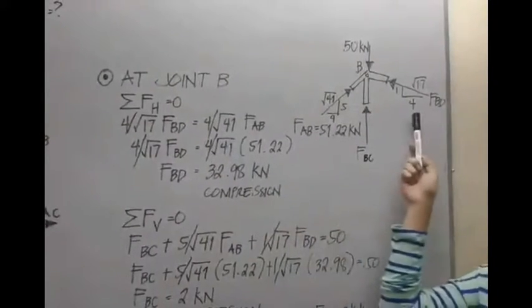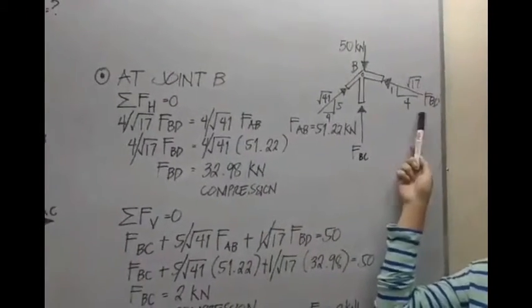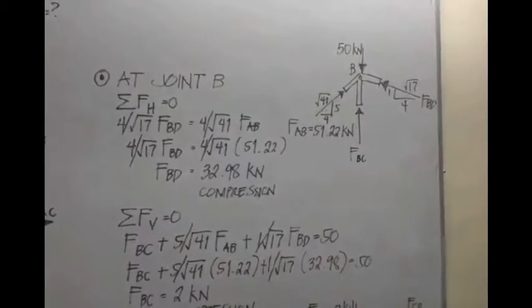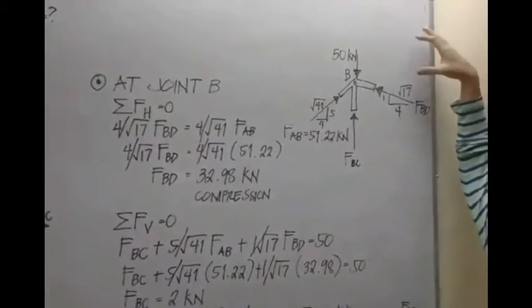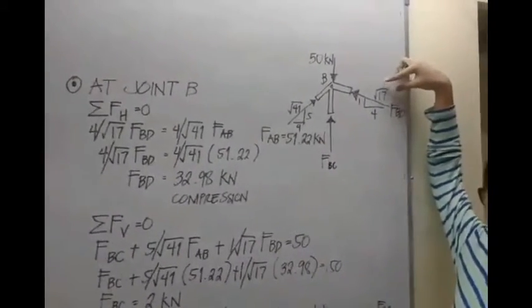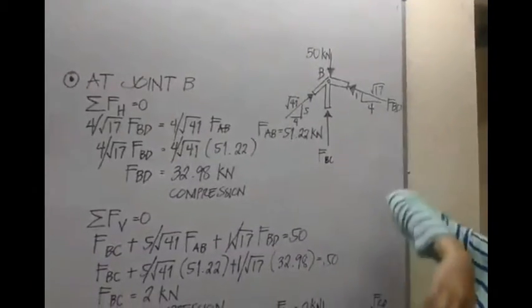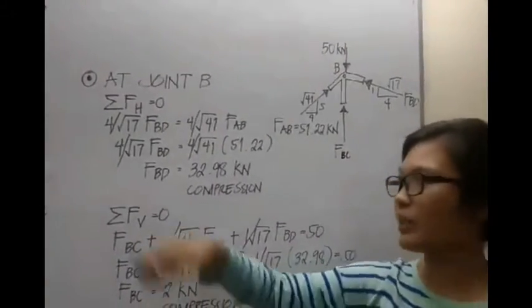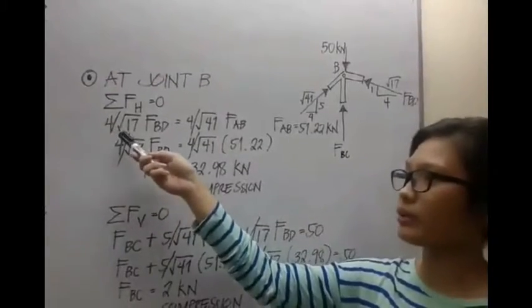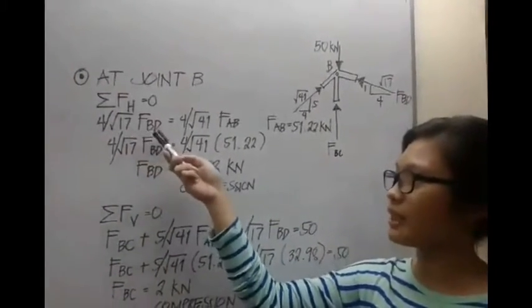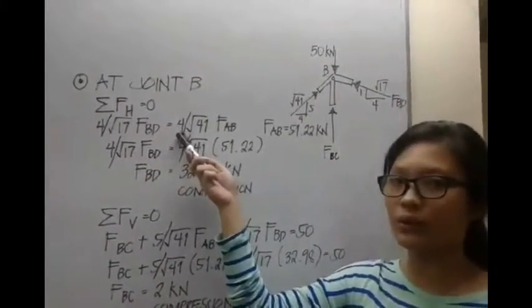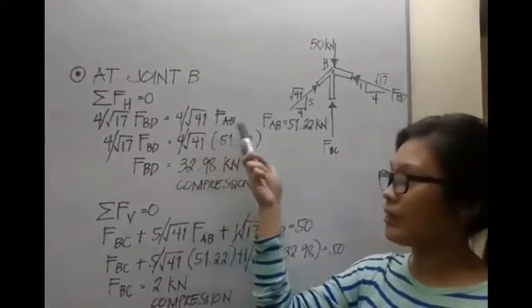Through the given distances, we can compute the hypotenuse through the Pythagorean theorem. We will then get the equation 4 over square root of 17 FBD is equal to 4 over square root of 41 FAB.